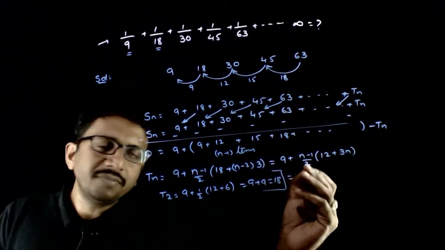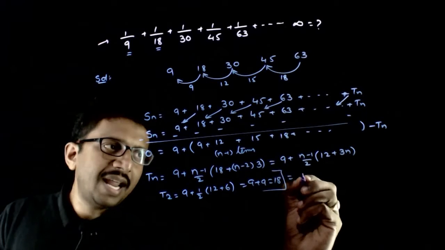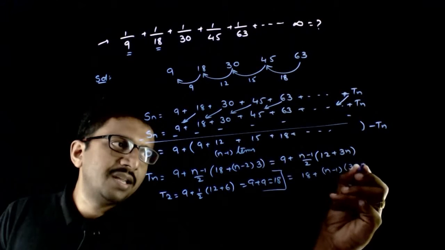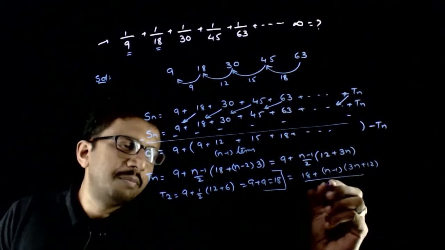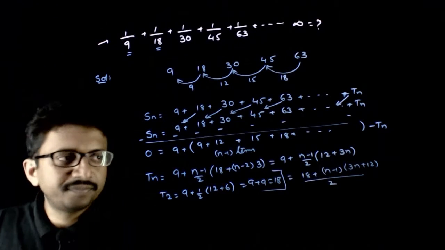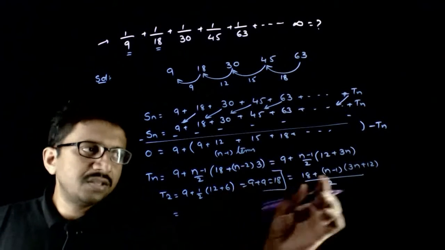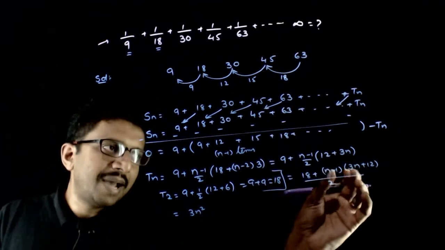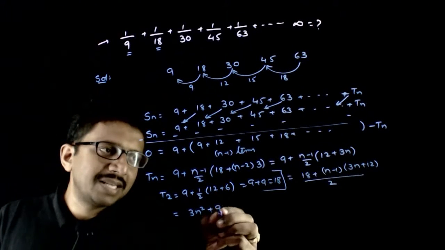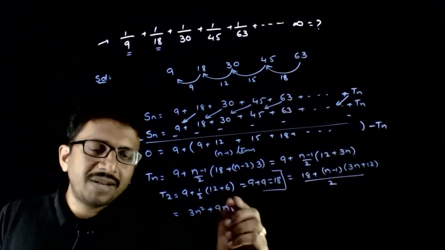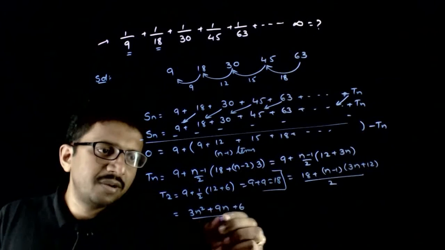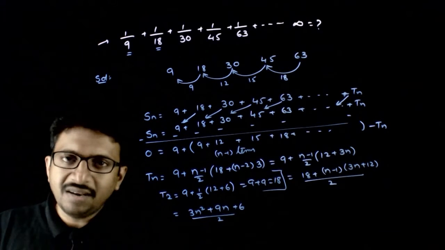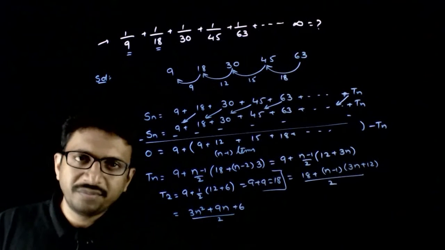So that is equal to, let us take the LCM, 18 plus n minus 1 into 3n plus 12, by 2. If you expand this, you have 3n square minus 3n plus 12n, which is plus 9n, minus 12 plus 18 is plus 6, by 2. So 3n square plus 9n plus 6 by 2.